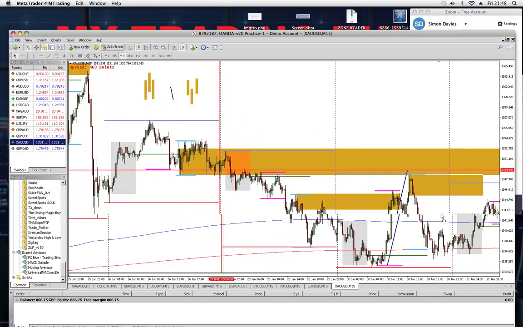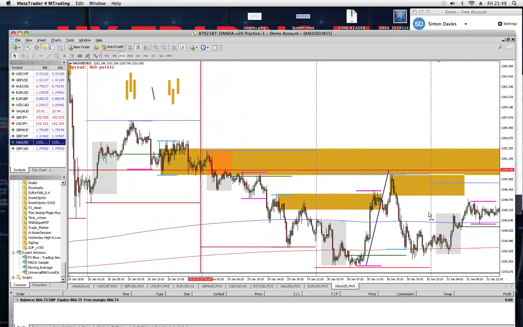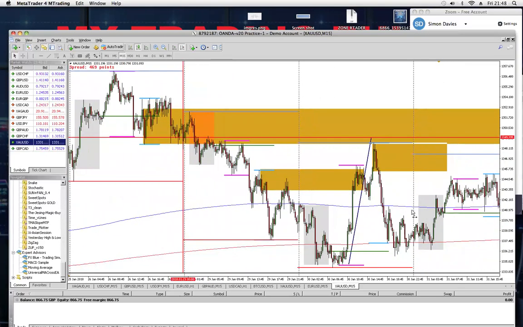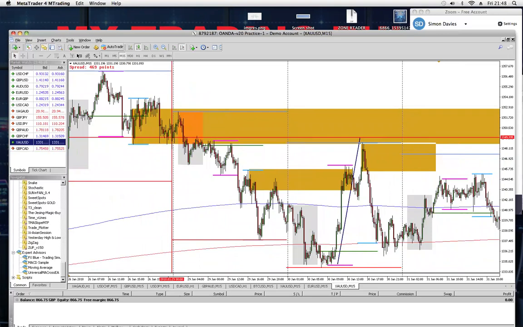There's your order block. You've got one in there as well. But all it does is sell off. You could have bought this one, but it doesn't break the low. Yeah, you could have bought and sold with this.